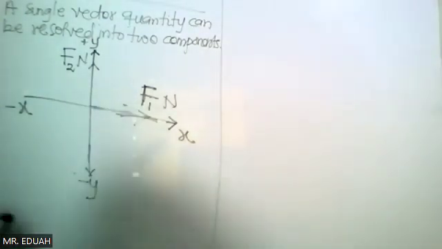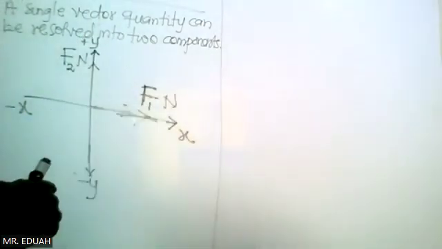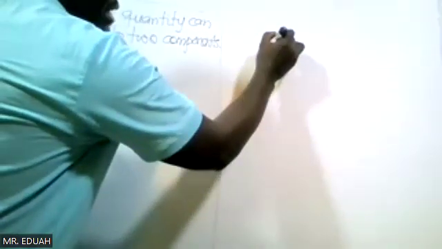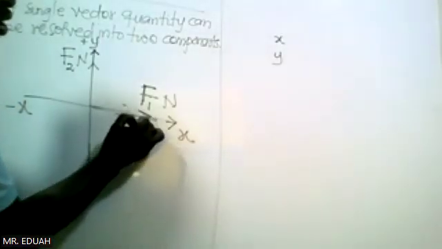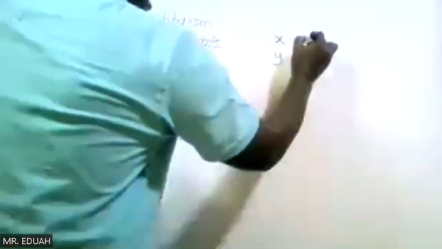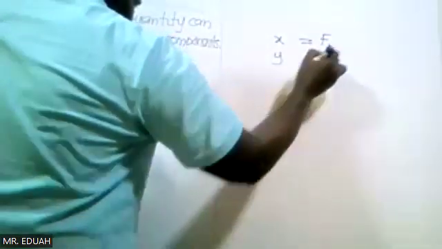Now, if I'm to resolve this into components, I'm looking for its x component and its y component. The fact that it is along the x-axis means that it has an x component of F1 and a y component of 0 Newton.